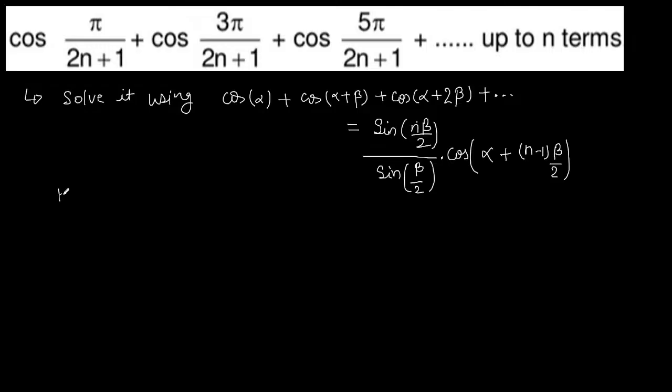Here alpha is pi by 2n plus 1, beta is 2 pi by 2n plus 1.